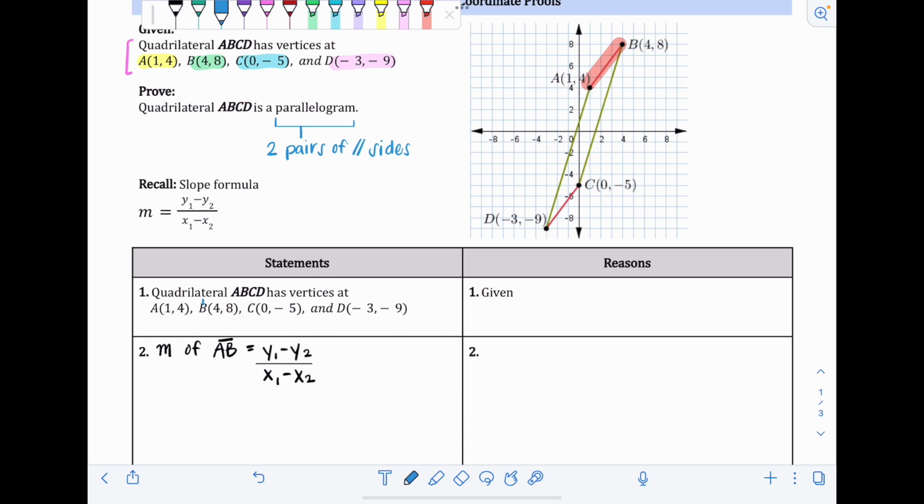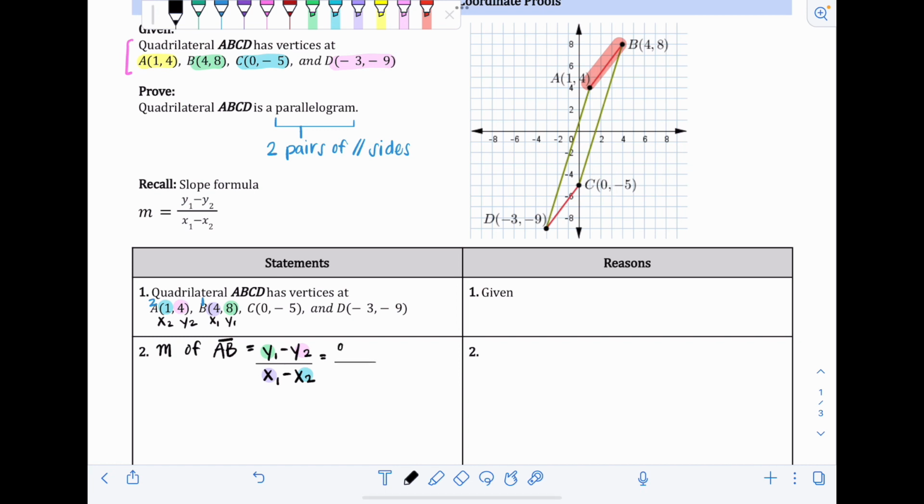I'm going to make B my point 1 since it has bigger numbers, and point A will be my point 2. So this is my x1, y1, x2, y2. 8 goes in for y1, 4 goes in for x1, 4 goes in for y2, and 1 goes in for x2.